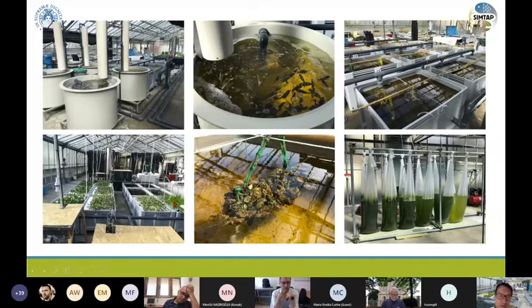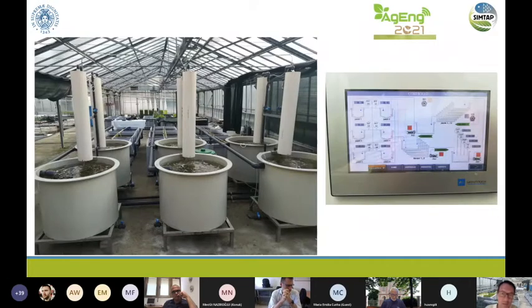Here you can see the Salicornia, we are talking about that in a while, the mussels and the sand where polychaete worms are hosted. And here you can see the microalgae system. It is a very simple system, because there are some plastic sleeves where water with microalgae is put inside.